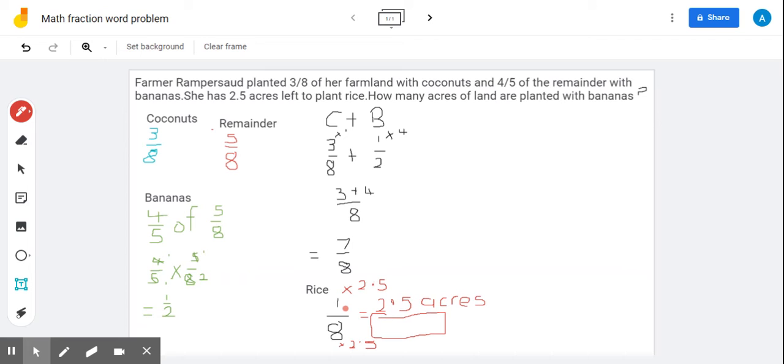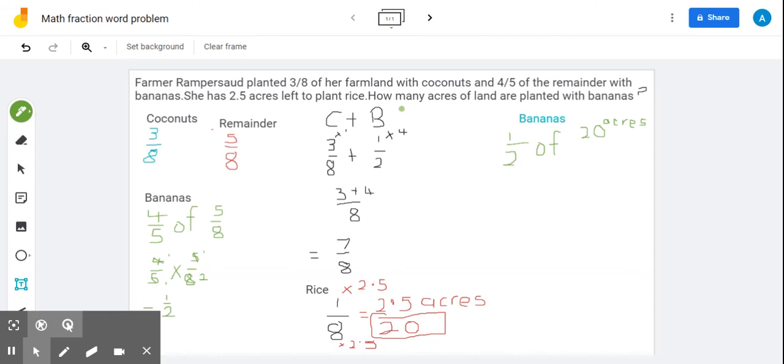Now in this case, what times 1 would give us 2.5? That would be the same number itself, 2.5. So therefore, we have to multiply the 8 by 2.5, and that will give us 20. So the entire farmland is made up of 20 acres.